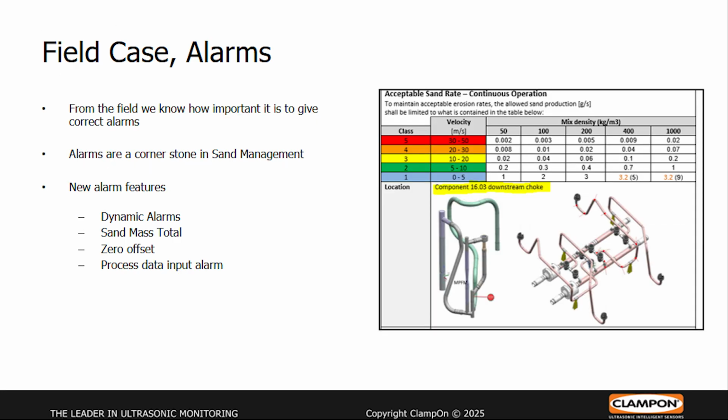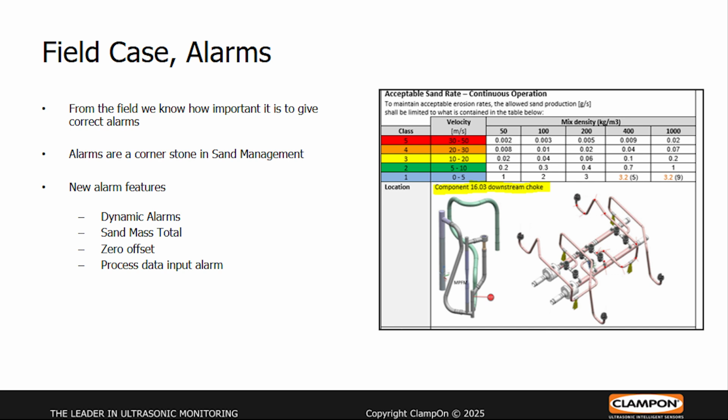Regarding features you now have implemented in this software, they are inspired by what's going on in the field, and over the years, sand monitoring and sand management has developed a lot. Now one main thing is the alarms, because many sand management plans out there are based on the principle that you allow some sand production, but you need to stay under a given level.